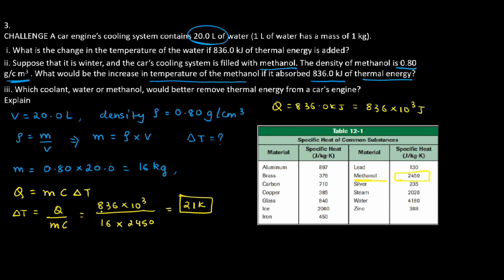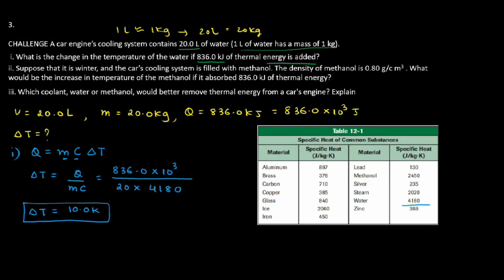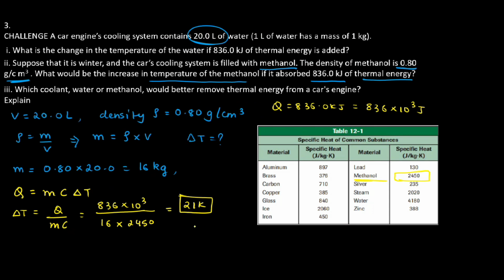The coolant that brings about less change in temperature would be better to remove thermal energy from the car's engine. So since the change in temperature of water is only 10 Kelvin, whereas the change in temperature of methanol is 21 Kelvin, in this situation, water will be a better coolant than methanol.